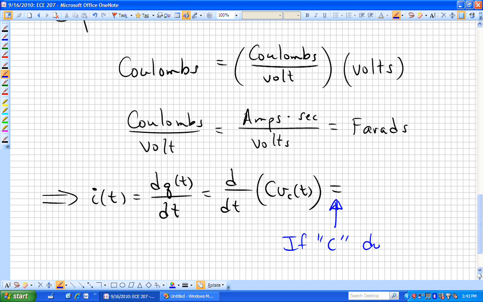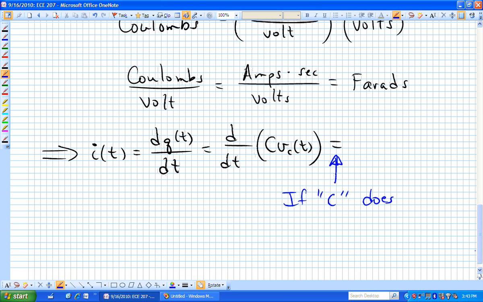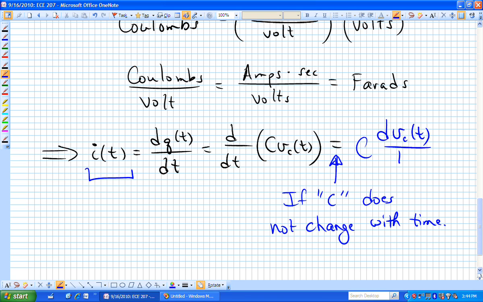If C does not change, then we can establish our current voltage relationship of a capacitor, which I always tell the ECE students they need to remember until they retire, and that's I is equal to C dV dt.